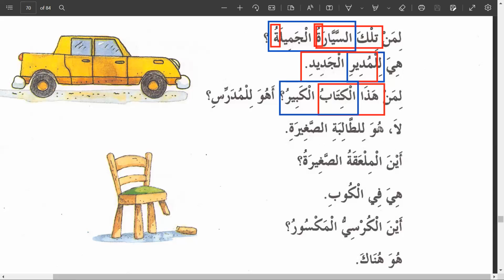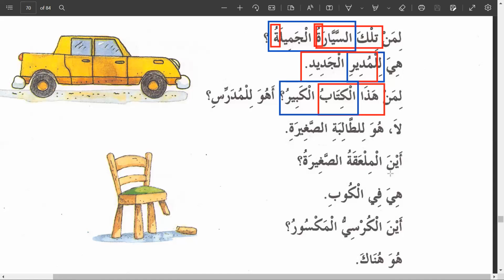Most of the time pronouns are referring to some ism before them. That's why we say this pronoun has a marje, it refers back. So la, huwa lit talibati saghirati. No, it is for the small student.